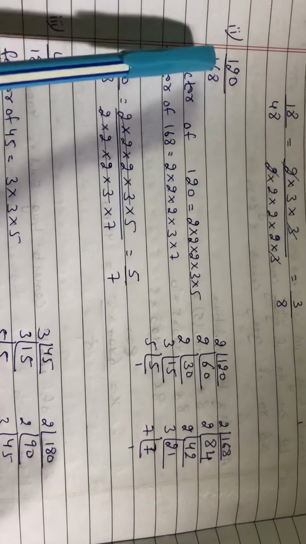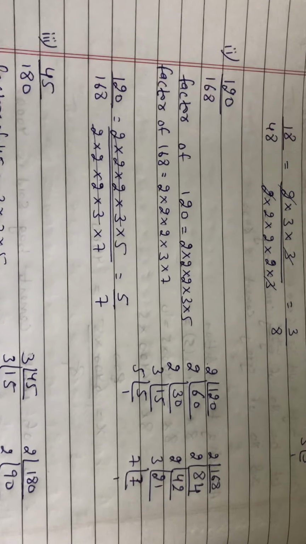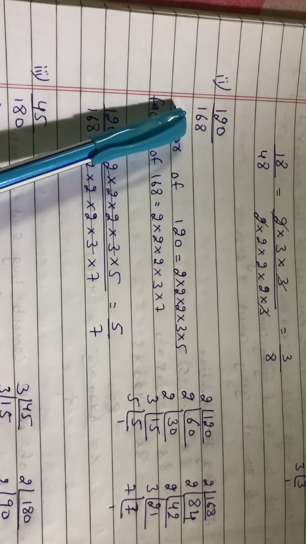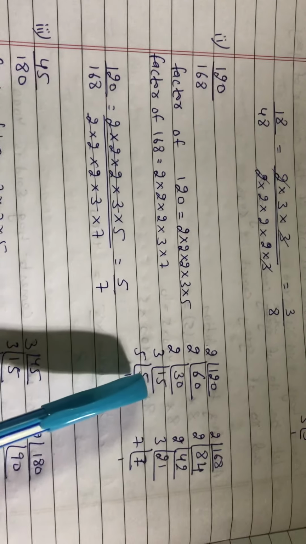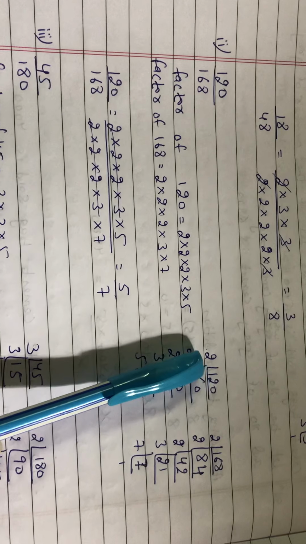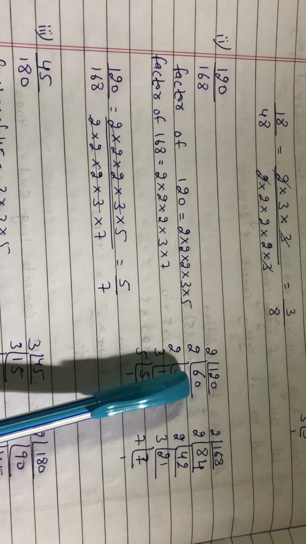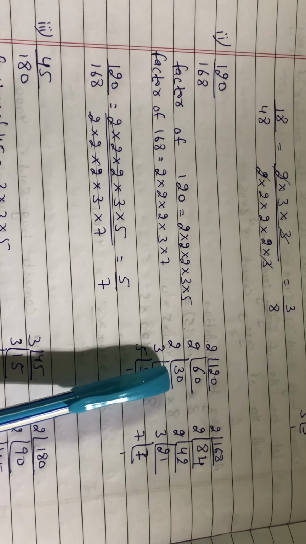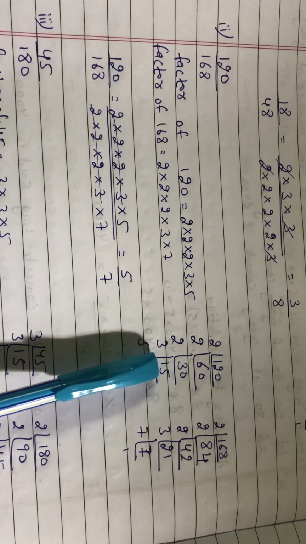Second, 120 by 168. The given fraction is 120 by 168. So again we are factorizing 120, dividing by 2 comes 60, again dividing 60 by 2, answer is 30, again dividing by 2, answer is 15.